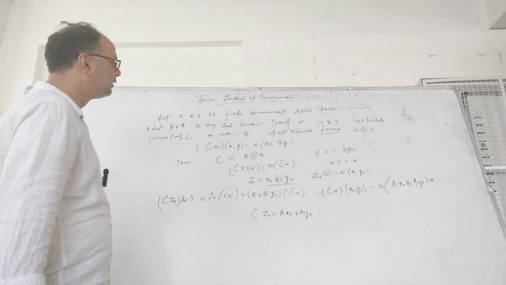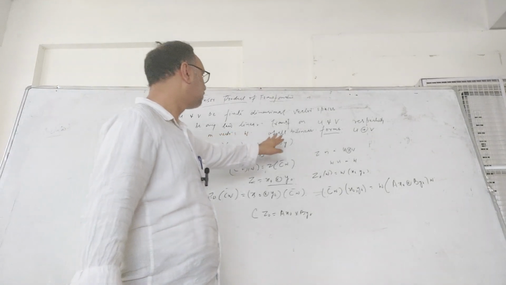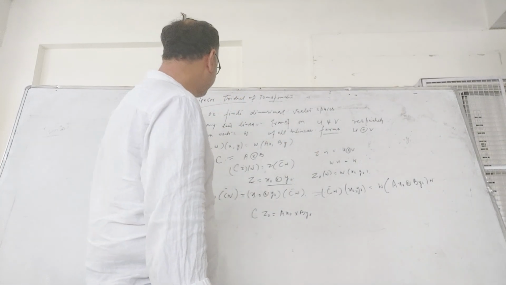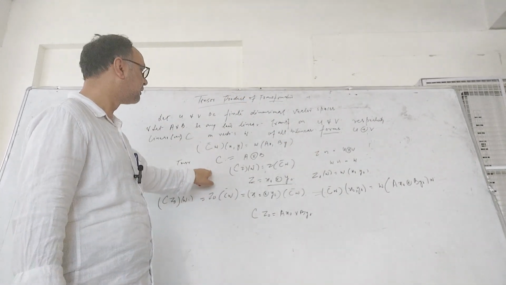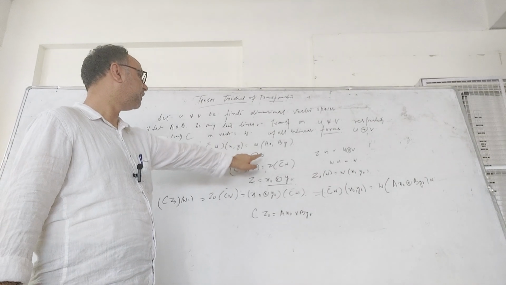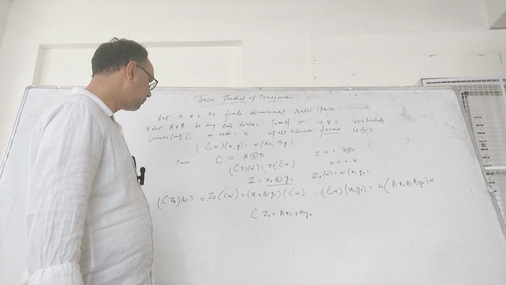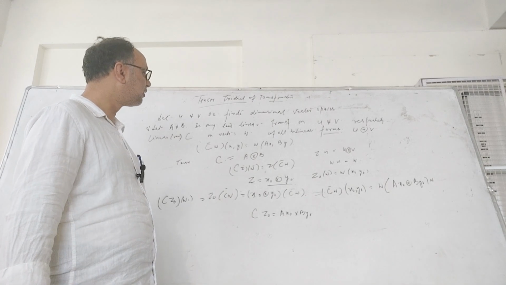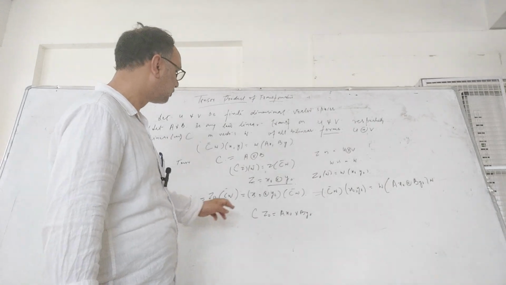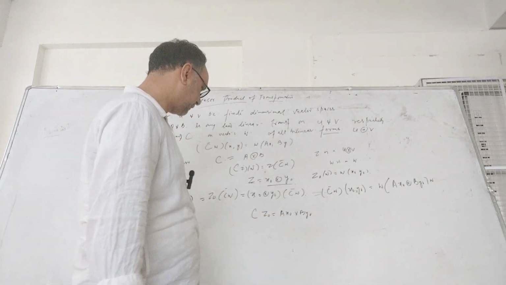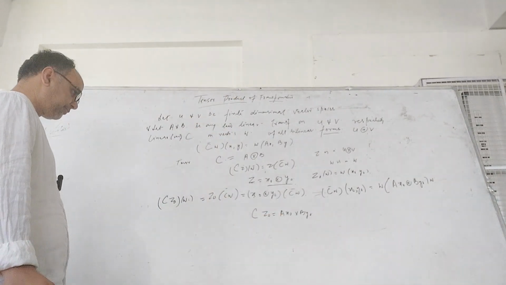Now this is in binomial forms. If C is the tensor product of A and B, then A and B can also be written in terms of elements X naught and Y naught. So we can write it like this.